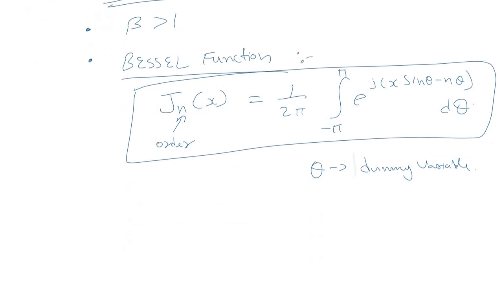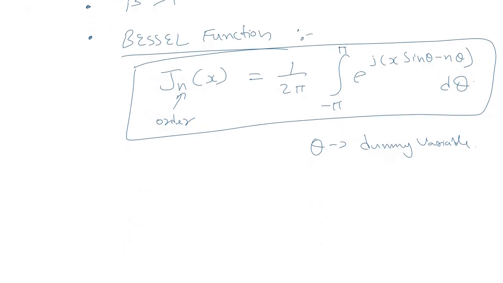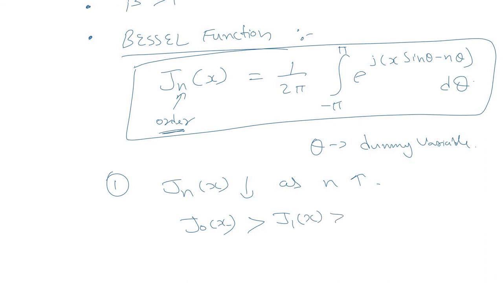Some of its properties: first, the Bessel function Jn(x) decreases as the order n increases. This is a very important property. So J0(x) has the maximum value, followed by J1(x), and it keeps on decreasing as we increase the order, and so on.